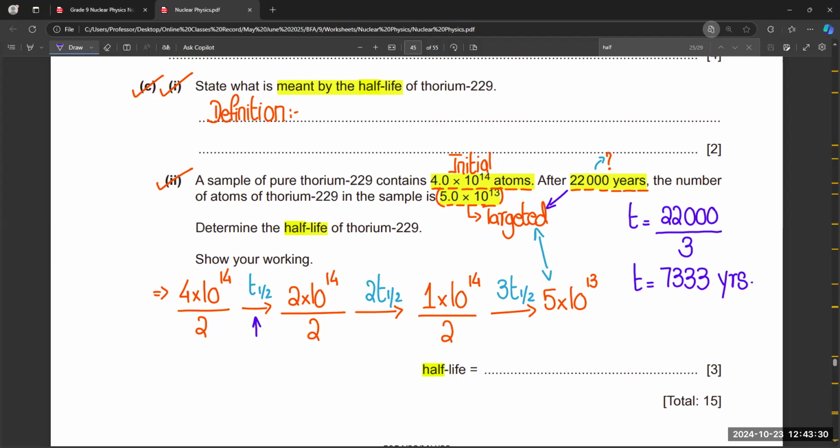So this is very simple. The first half-life takes this much years to decrease to half. Okay. Then we have another half-life. Okay. Then the third half-life.